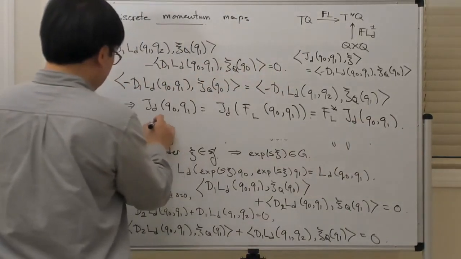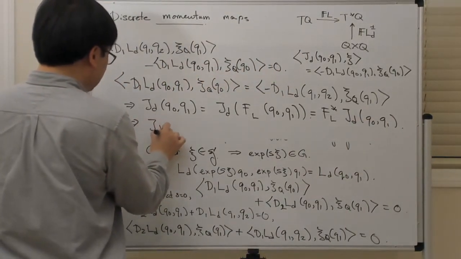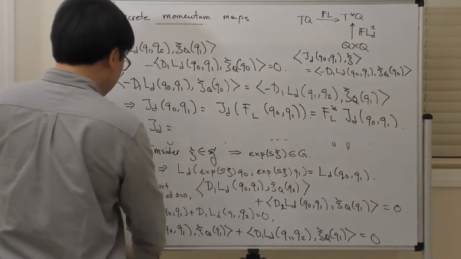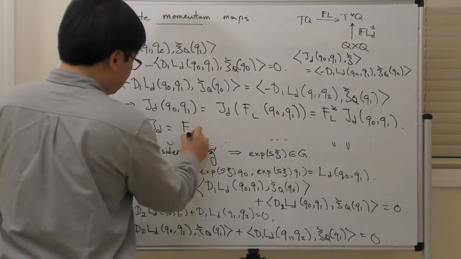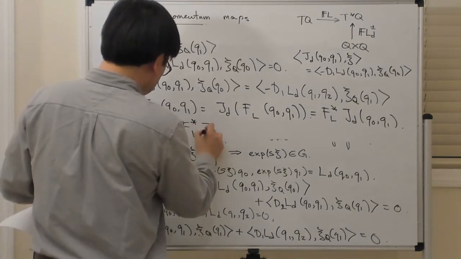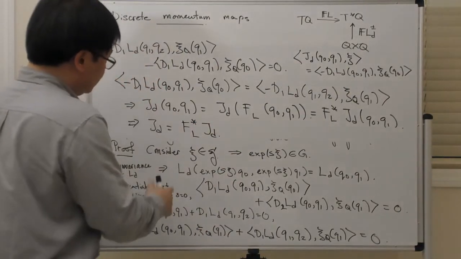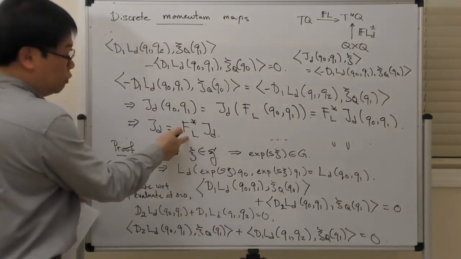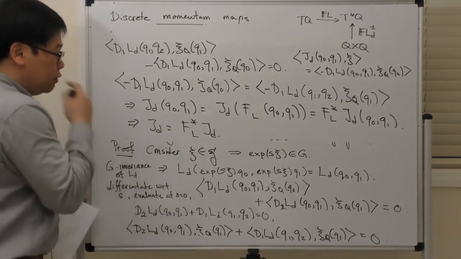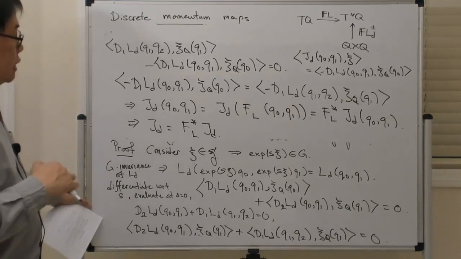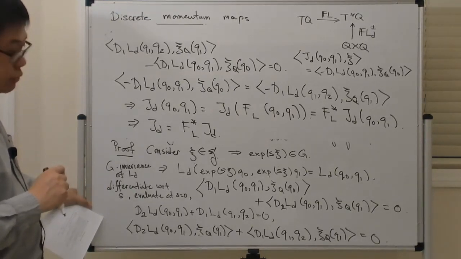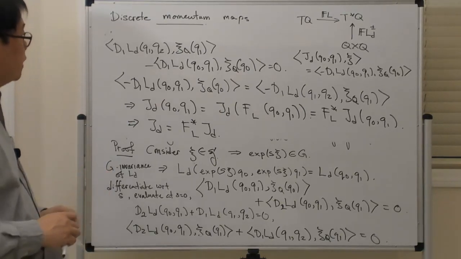So JD is equal to the pullback by the discrete Lagrangian map, which is of course the flow of the discrete Euler-Lagrange equations, of the discrete momentum map. So the discrete momentum pulled back by the flow of the discrete Lagrange equations is the discrete momentum map itself, which basically means that the discrete momentum map is preserved by the flow of the discrete Lagrange equations, which is what we wanted to prove. Okay.